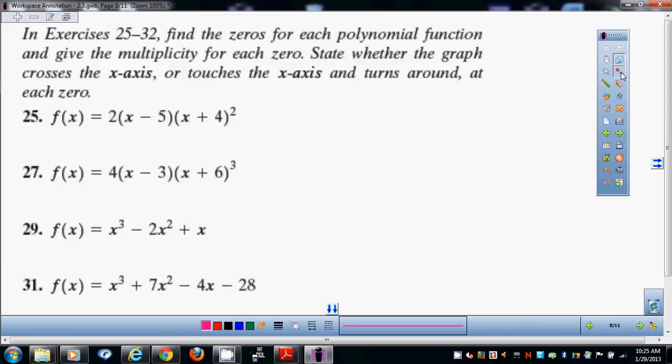That's odd, positive, and therefore is going to be down, up. Very good. This one is also odd, positive, so down, up. If it had been odd, negative, up, down, etc. Now this one. Find the zeros of each polynomial function and give the multiplicity of each zero. We'll talk about that in a second. State whether the graph crosses the x-axis, touches it, and turns around at each zero.